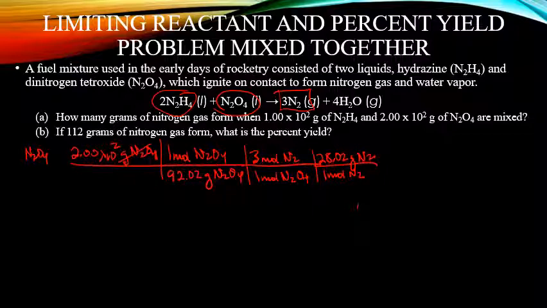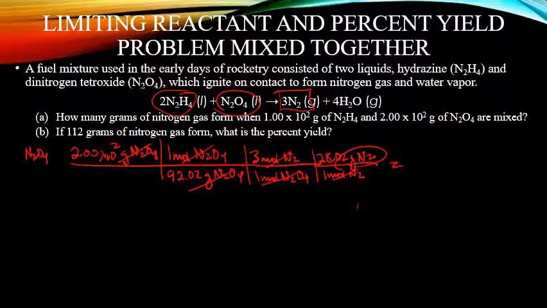So my grams of the N2O4 cancel, my moles of the N2O4 cancel, moles of N2 cancel, and I'm left with grams of N2. So as I plug in my values, 200 divided by 92.02 times 3 and times 28.02.